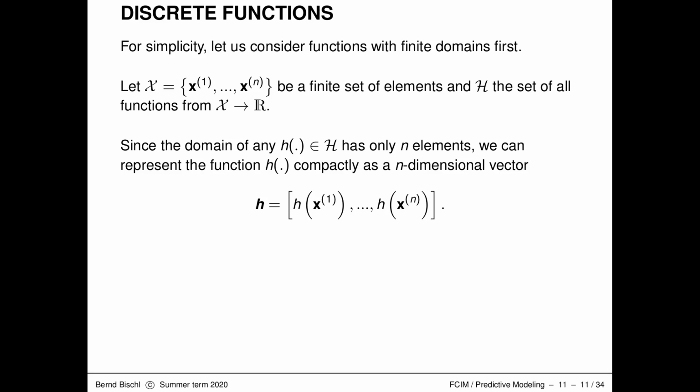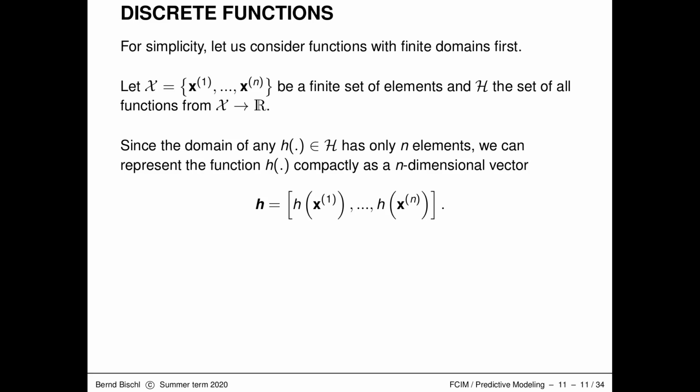As you all know, if you have a function, and I will only consider real valued functions, these functions all have an input domain, right? And for now, I only want to work with finite sets for my input domain.